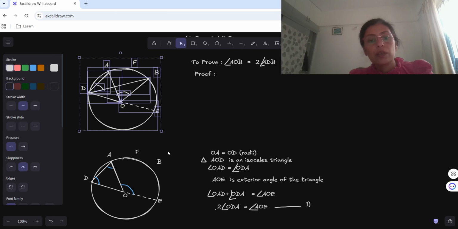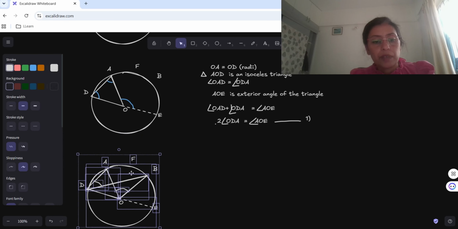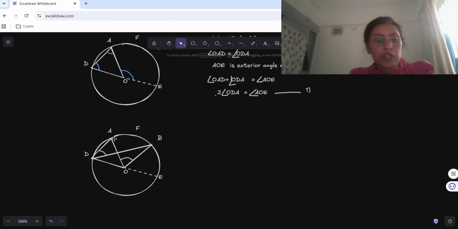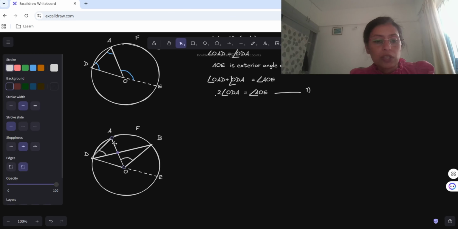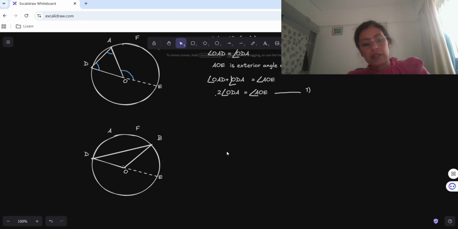I do a copy and I do a paste, and I'll move it here. Now, first time I took this circle, so this time I'll remove this circle and just keep this circle. In the first one, I kept this triangle. So in this one, I removed this triangle and I just left the other triangle.